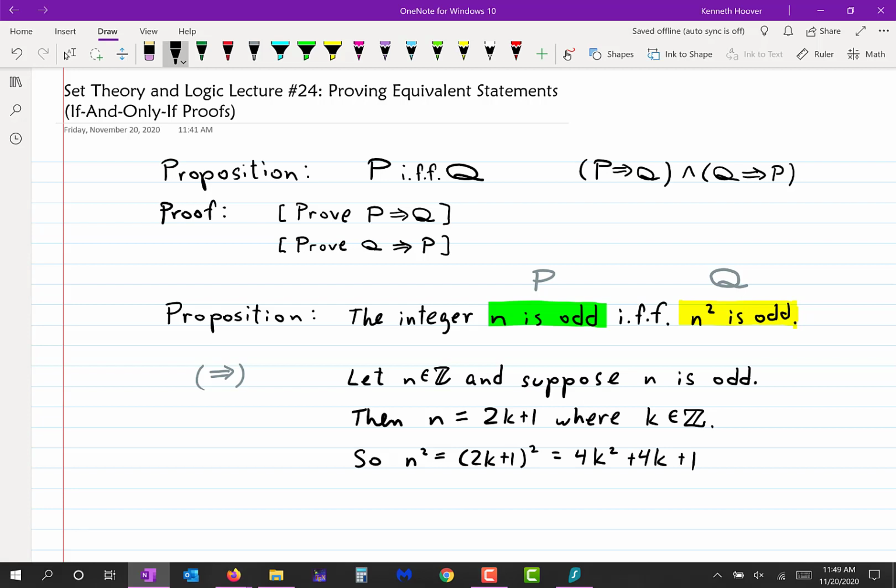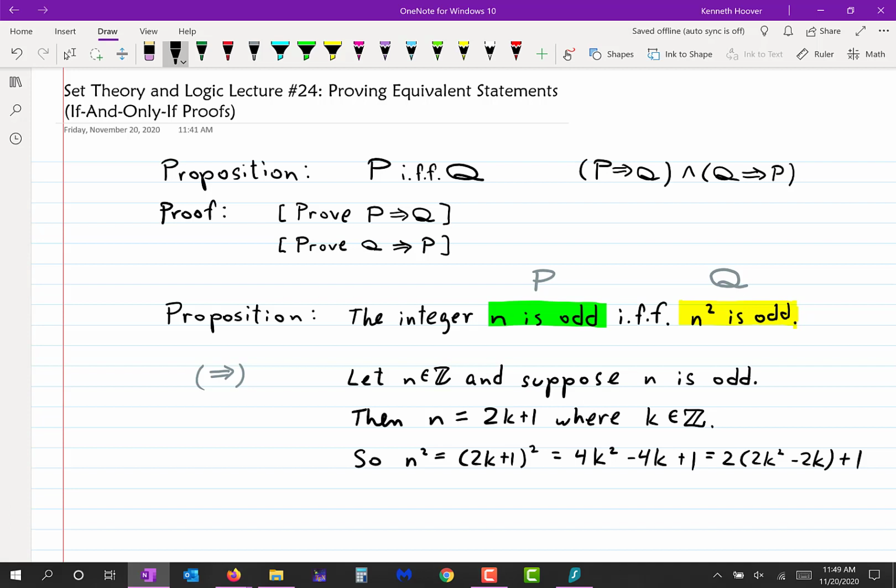I'm trying to show that n squared is odd, so I need to show that it equals 2 times an integer plus 1. Here's the plus 1, so probably this needs to be my 2 times an integer. Can I make that look like 2 times an integer? Sure, just factor out 2, right? Okay, let's do that. I would get 2 times 2k squared plus 2k, and then my plus 1.